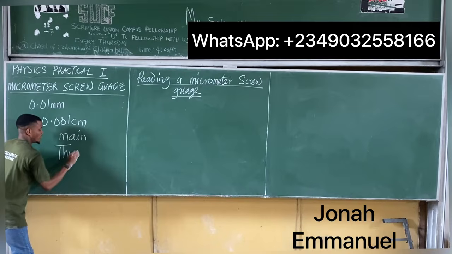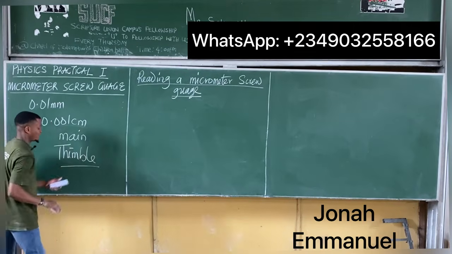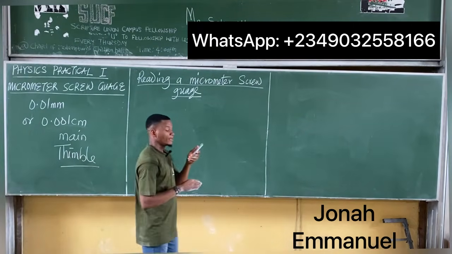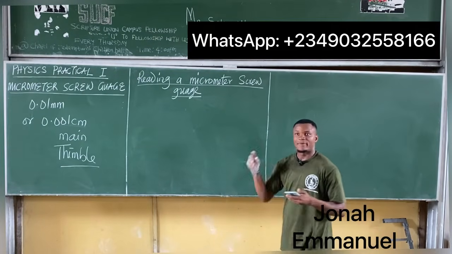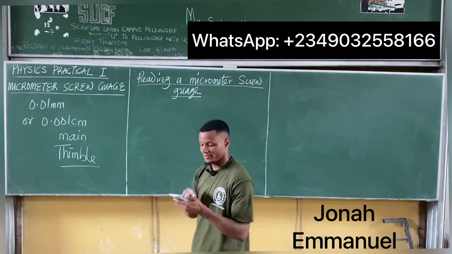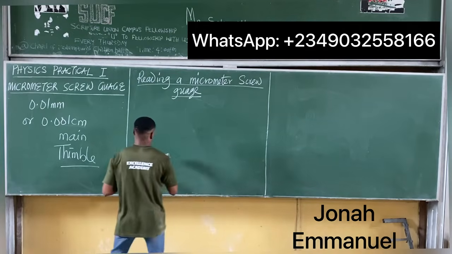Vernier caliper has two, main and vernier scale. Micrometer screw gauge is main and thimble scale. All right.